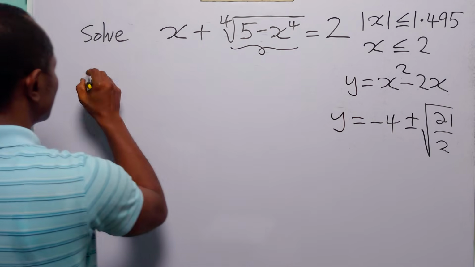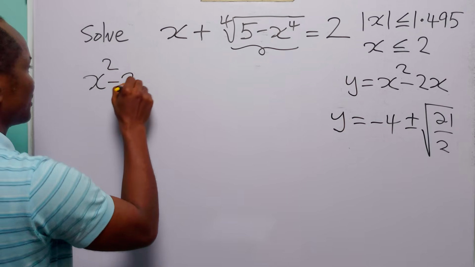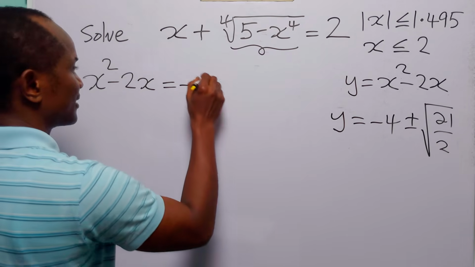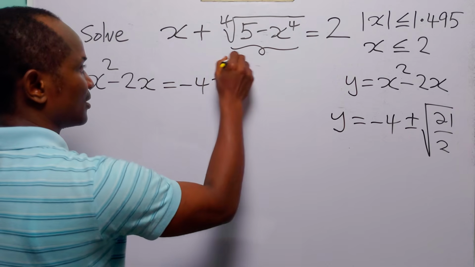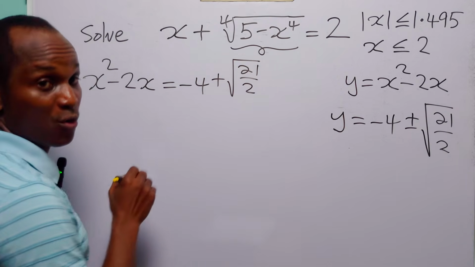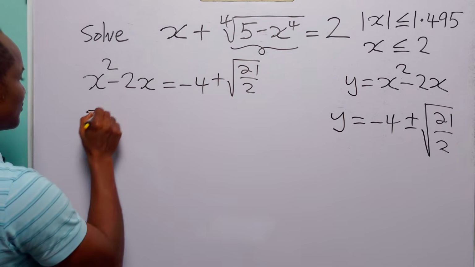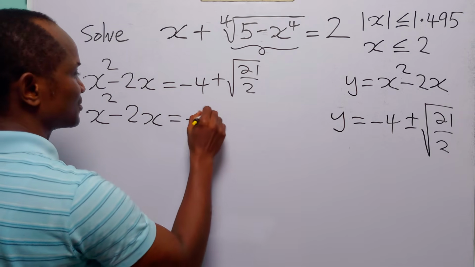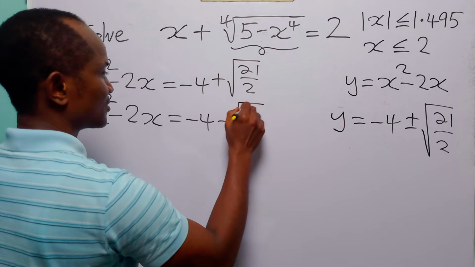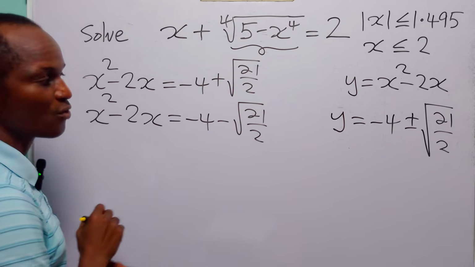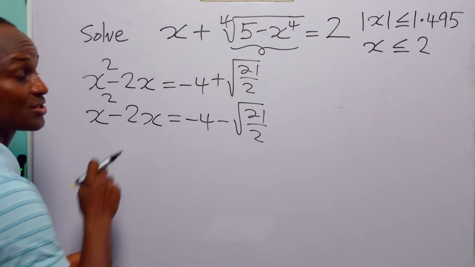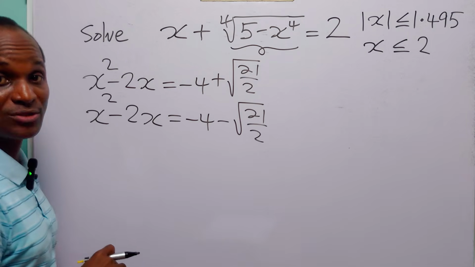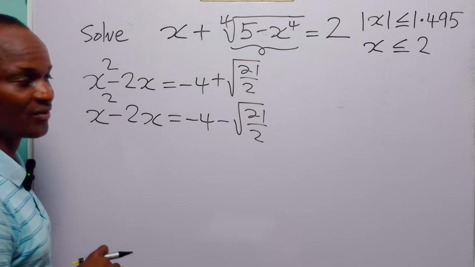We have x squared minus 2x is equal to minus 4 plus root 21 over 2. And we have x squared minus 2x is equal to minus 4 minus root 21 over 2. Let us start with the second equation.